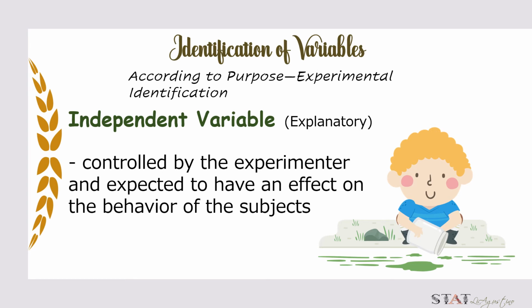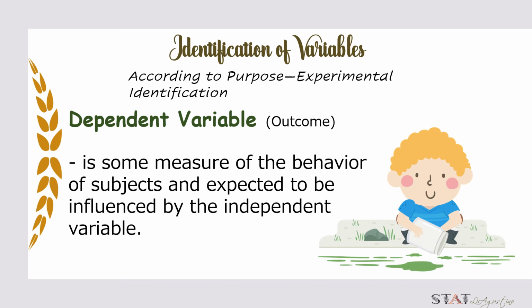And now, what is the dependent variable? In the story of Daniel, the dependent variable is their physical appearance, or the outcome. It is some measure of the behavior of subjects and is expected to be influenced by the independent variable.